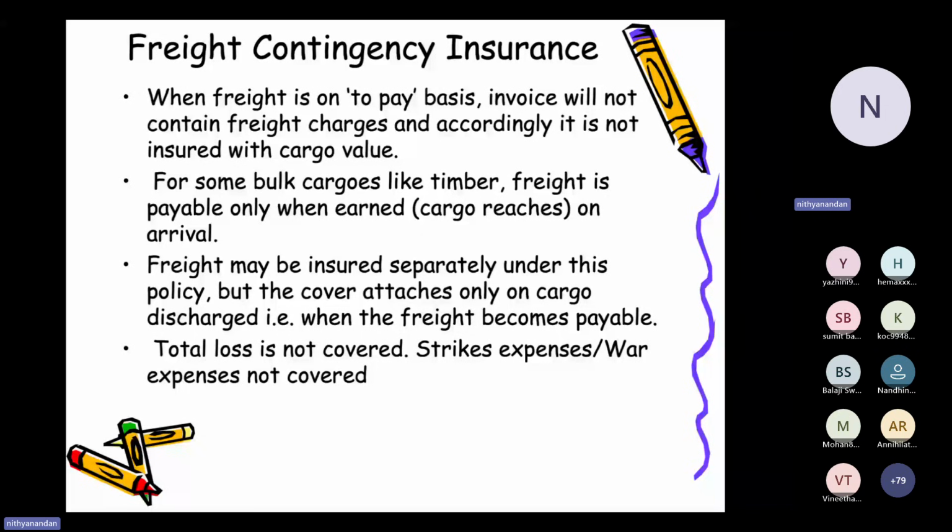He will claim against the invoice from the sender. So this type of freight loss can be covered by freight contingency, where the freight is payable only after the safe arrival of the goods at the destination.